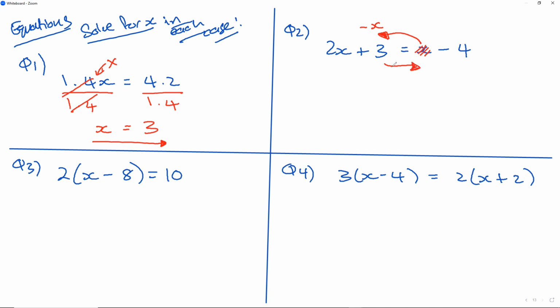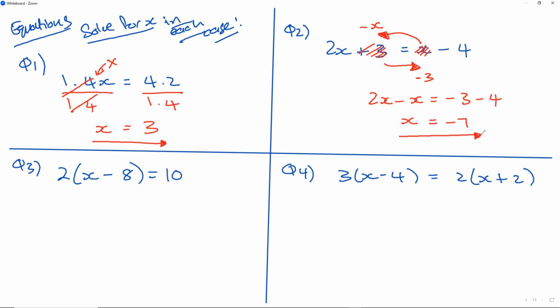And also, once I've moved any number over to the right-hand side, I've got to change the sign to the opposite. In this case, plus 3 will become minus 3, removing itself completely from there. So that becomes 2x minus x on the left-hand side, and then minus 3 minus 4 on the right-hand side. 2x minus x becomes x, and minus 3 minus 4 becomes minus 7.